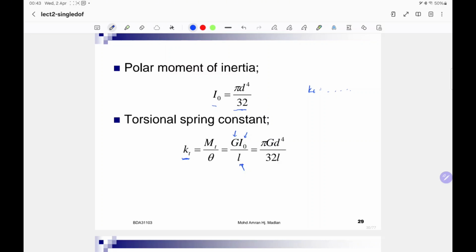We know that I naught is pi d to the power of 4 over 32, so kt equals G I naught over L, which is G over L multiplied by pi d to the power of 4 over 32. So it becomes like this.